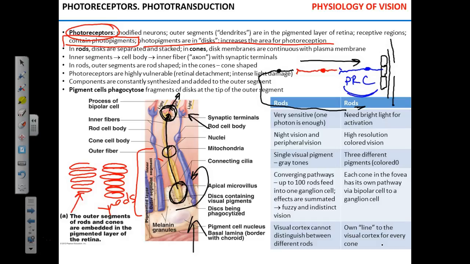In order not to lose that valuable chemical, which we will talk about in about 10 minutes, those pigment cells phagocytose that debris, take the chemical and transport it back to the photoreceptor cells, so it can be used again in the photopigment.